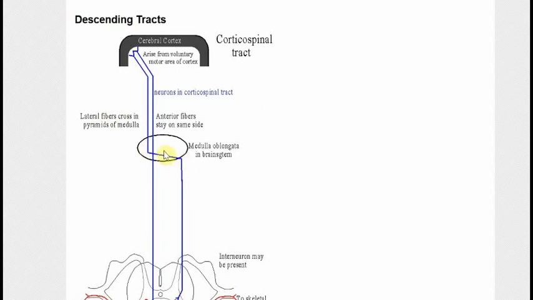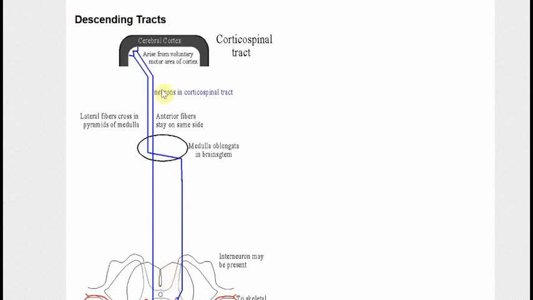The anterior fibers stay the same side. So, if you have any problems up there, you will have weakness on the other side. But if you have a problem down there, then you will have weakness on the same side.